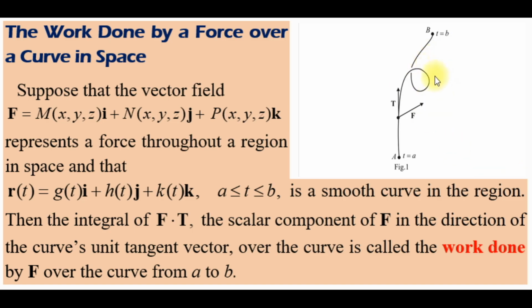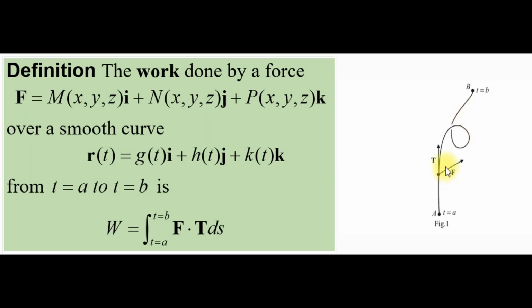Then the line integral of F dot T along the curve is called the work done by F over the curve from A to B. That is, the work done by a force F over a smooth curve with the vector valued function r of t, where t varies from a to b, is W equal to the integral from t equal to a to t equal to b of F dot T ds. That is, the work is this line integral.